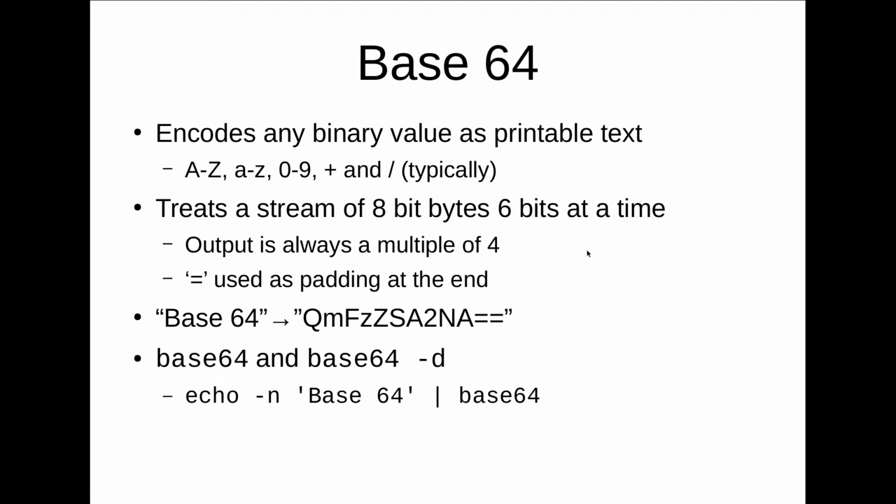And since it's 6 bits at a time, it's not necessarily going to be a nice multiple of 8, so you'll see an equal sign at the end that's used for padding to make it a nice multiple of 8 bits. For example, base 64 represented in base 64 is, well, that.